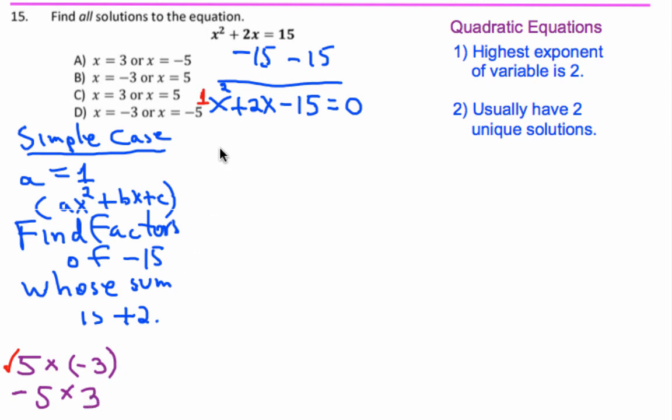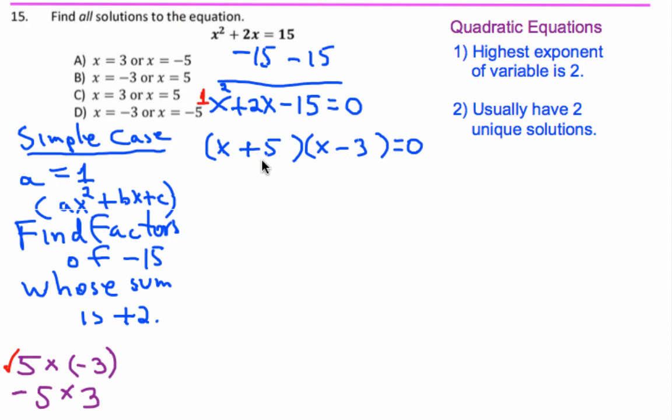So now we'll factor. We begin with x and x. And now we know that we need to insert positive 5 and negative 3. Let's check. X times x is x squared.